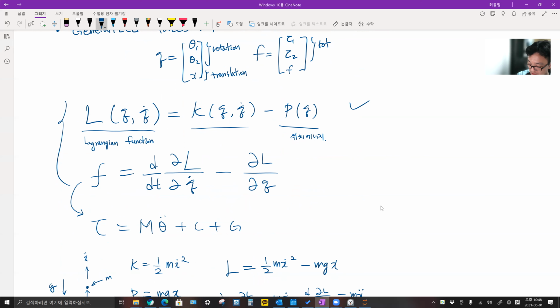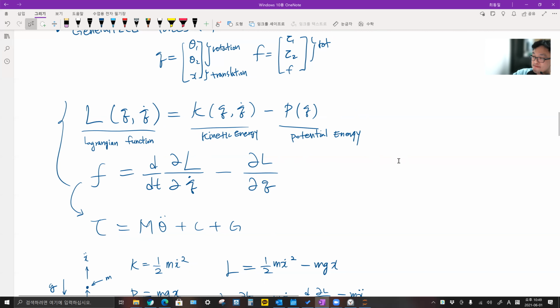So the Lagrangian formulation is like this. L is the Lagrangian function, and this one equals kinetic energy minus potential energy. I think the concept of Lagrangian is not a new one.